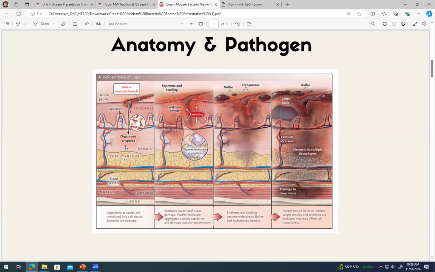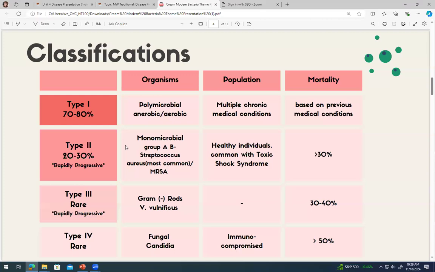So the infection comes in and then it spreads really rapidly and shuts down all of the capillaries and the nerve tissue, and that's not good because that is how you get blood flow and your immune response to these issues.